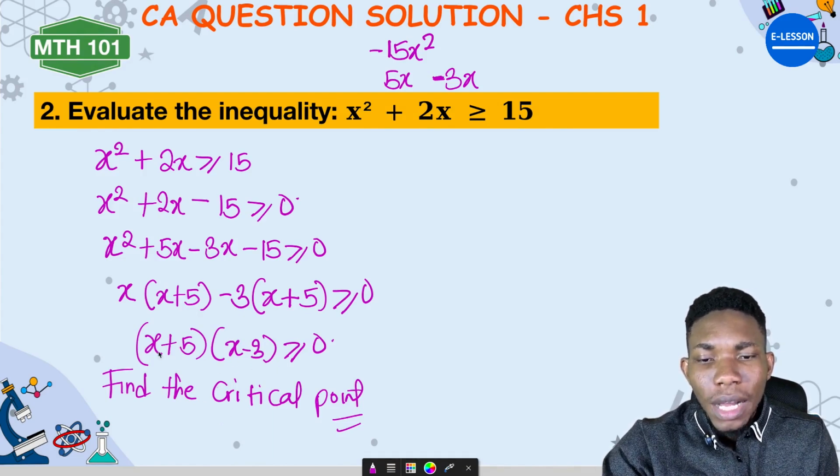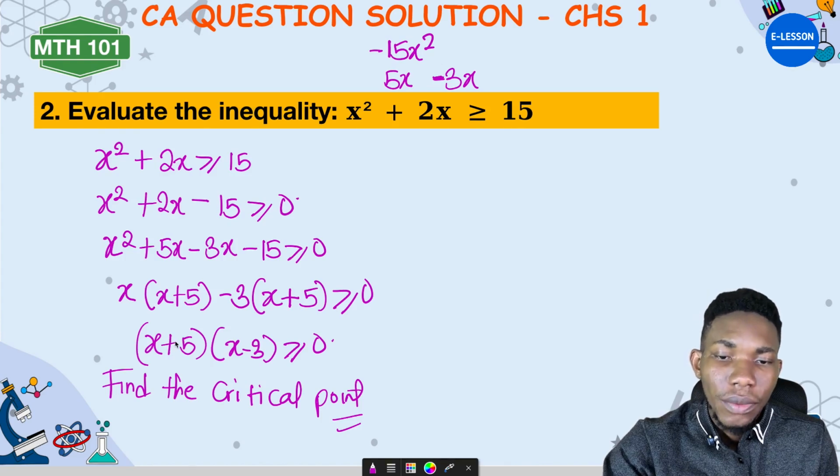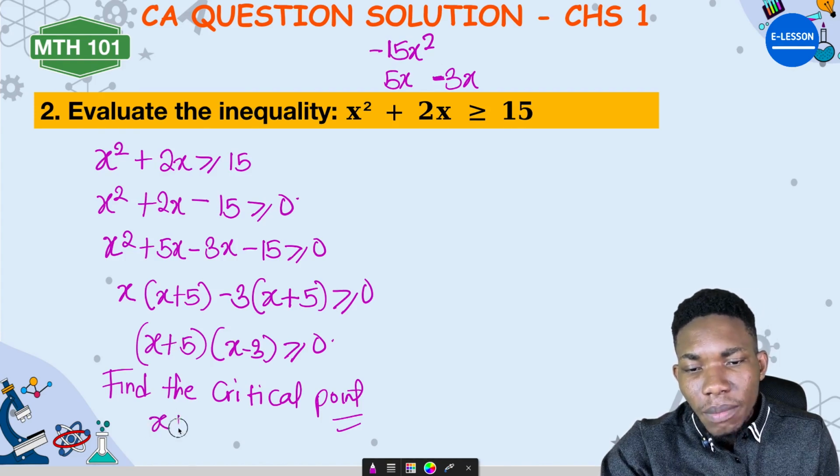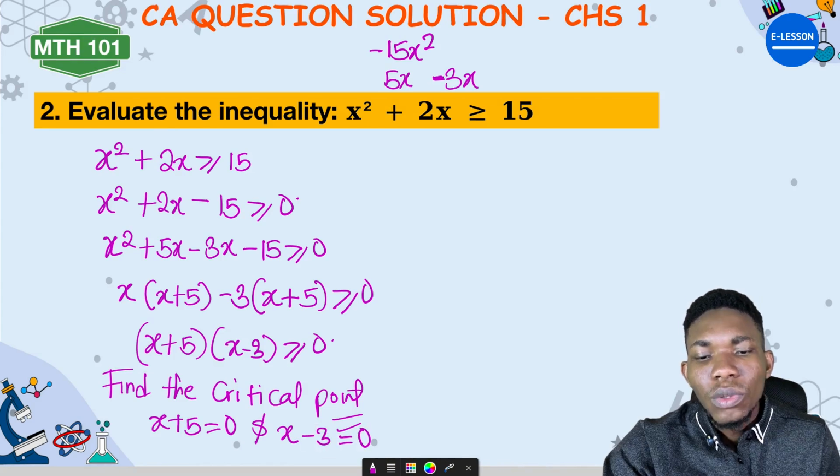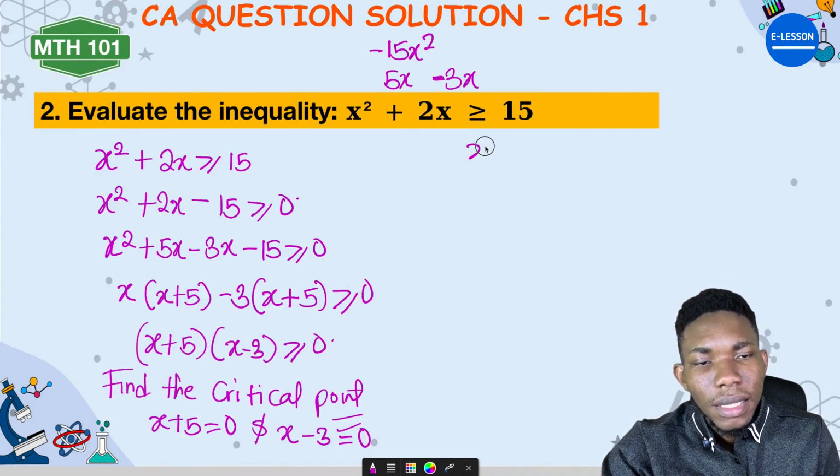Now, the critical point, you calculate it by setting each of what is in the brackets to be equal to 0. So this gives us x plus 5 will be equal to 0, and x minus 3 will be equal to 0. Is that okay?